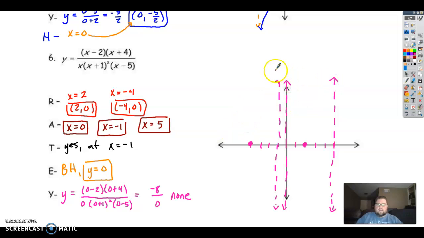Alright, togetherness at x equals negative 1, so I'll put a t on that one. And then y equals 0. So we're actually going to end up going through this horizontal asymptote 2 different times, because we have 2 different roots on top of that asymptote.